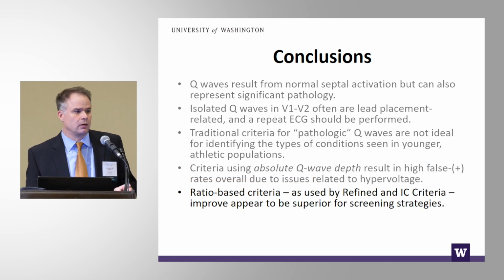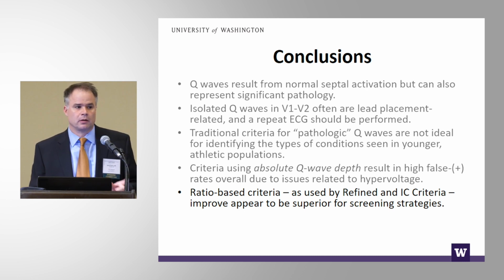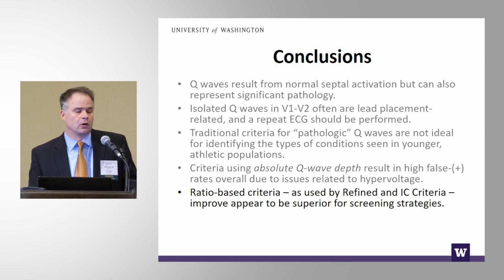Ratio-based criteria, as proposed by Sanjay's group in the refined criteria and adopted by the international consensus criteria, really seem to be the way to go in terms of improving the sensitivity and specificity of this, and hopefully make this not only fewer number needed to evaluate, but also then decrease the cost involved with screening programs as well.